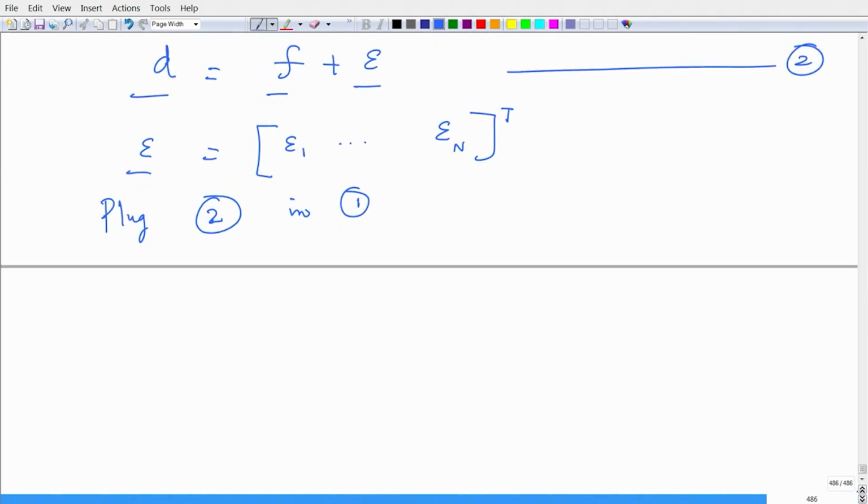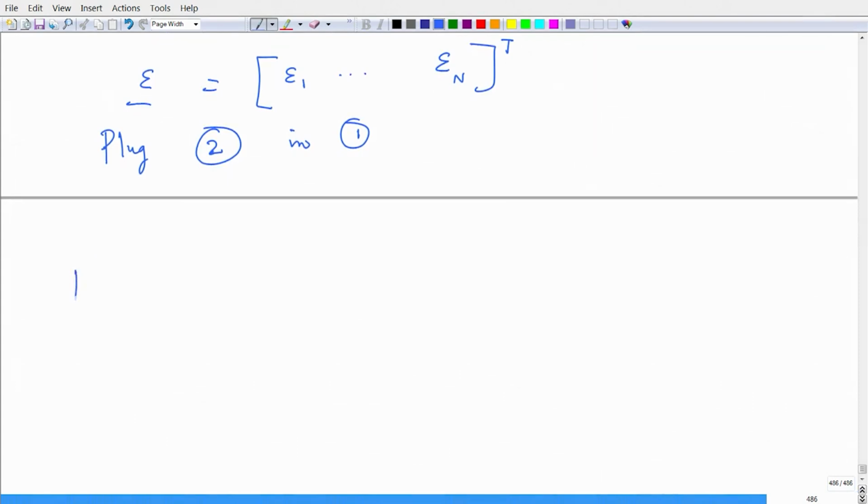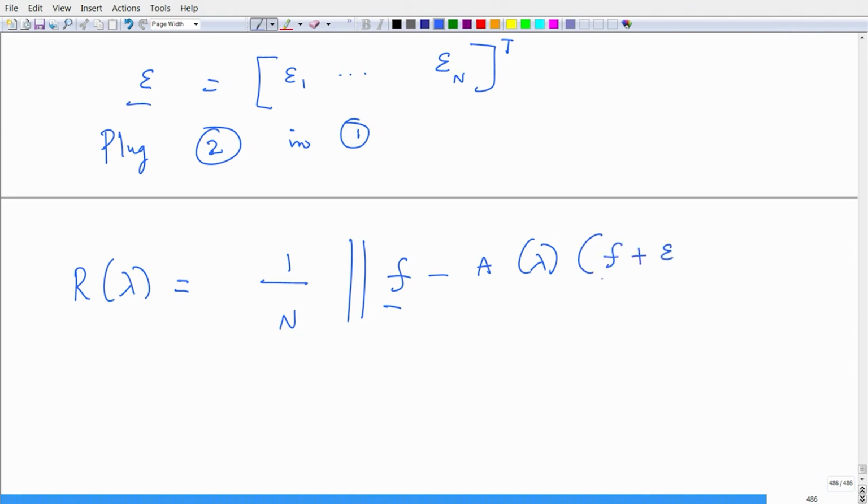So what I get is the following. R of lambda equals 1 upon n, the norm of F minus A of lambda times this vector D, and I write D is F plus epsilon, and I need to take this norm square. So I have to expand this out. I simplify a little bit before I expand.